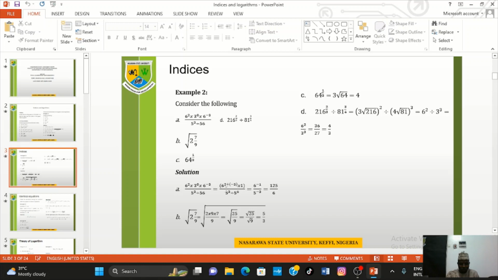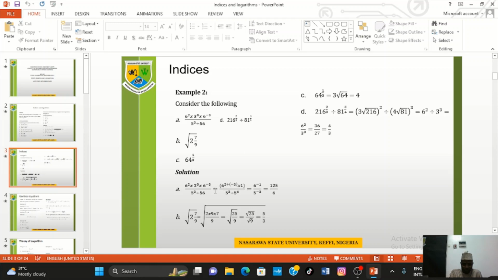Now when you look at this, we have 6 raised to the power of 2, and then 3 raised to the power of 0. That one, 3 raised to the power of 0, gives us 1. Then we have the ones with the same base, 6 to the power of 2 and 6 to the power of minus what? 3. In this case, since the base is the same, you plus the power.